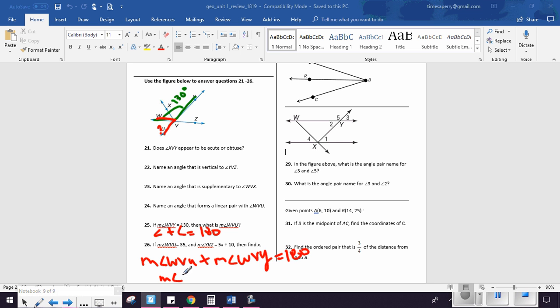So the measure of WVU plus 130 is 180. When I subtract 130, the measure of angle WVU is 50 degrees.